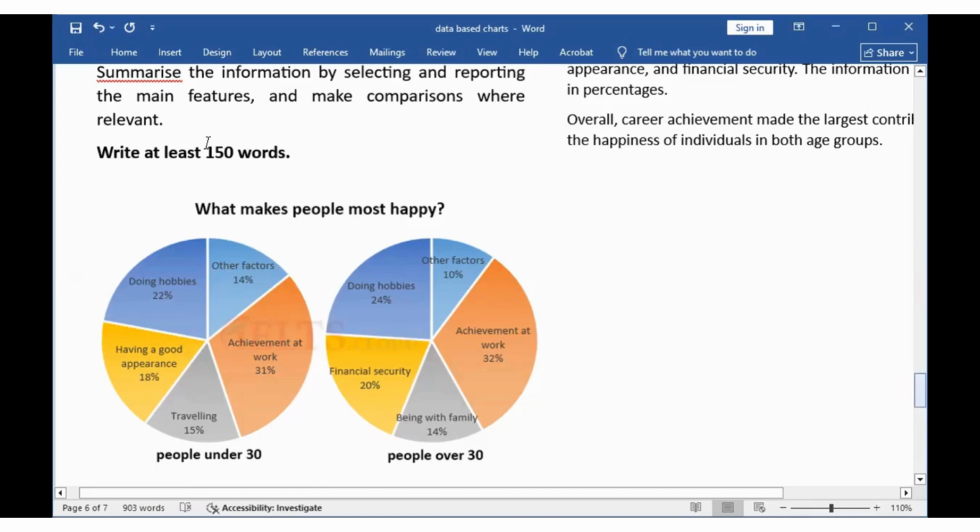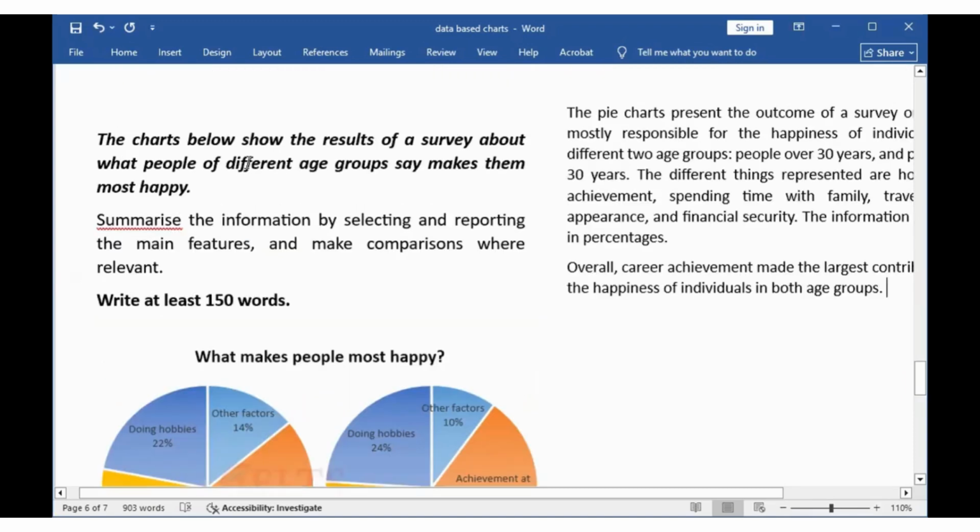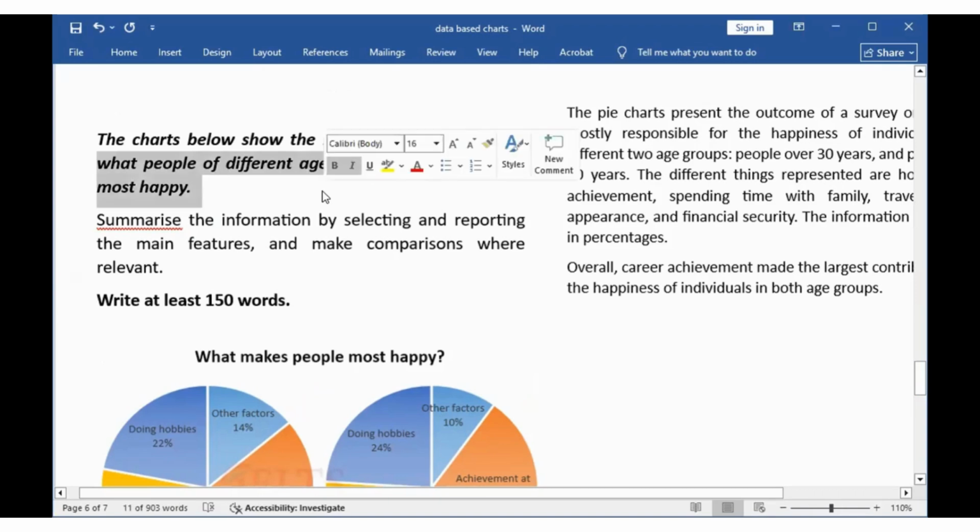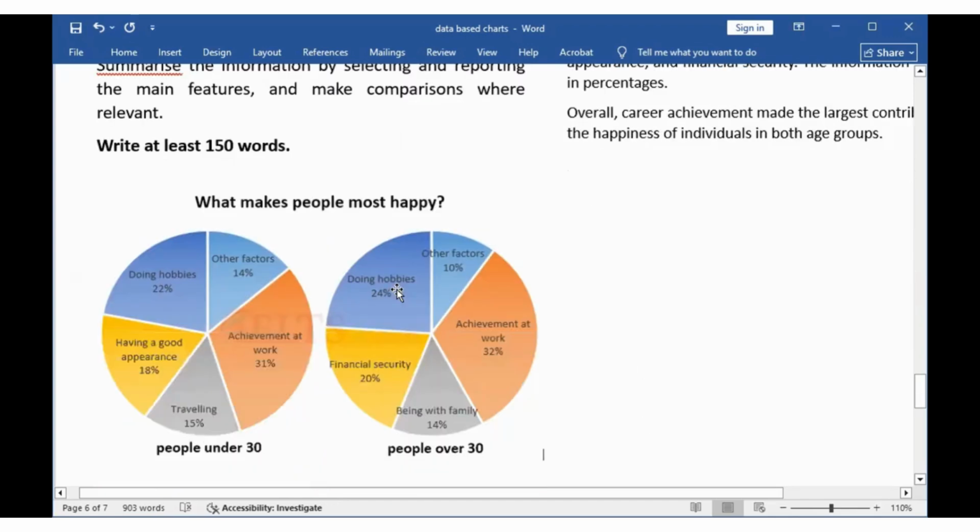The story is that what? The result of a survey about what makes people happy. That is the context. So what you are going to be saying is that the fraction of people under 30 that are happy is 22%.